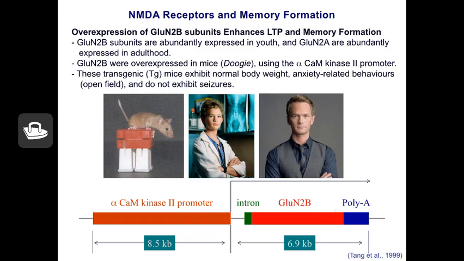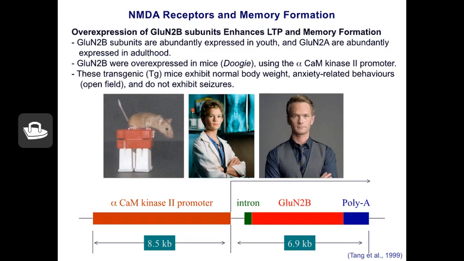And it takes advantage of the fact that the GluN1 proteins that are encoded by a different gene assemble in the membrane with whatever NMDA subunit they happen to bump into. If there are lots of, let's say, GluN2A proteins, they will assemble into GluN1, GluN2A type NMDA receptors, which is typically what happens in adulthood.